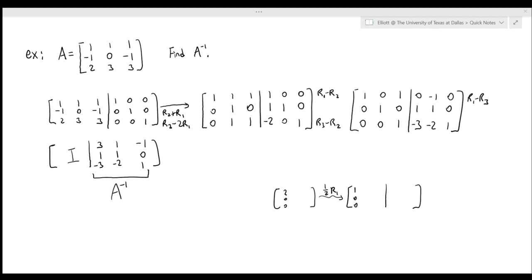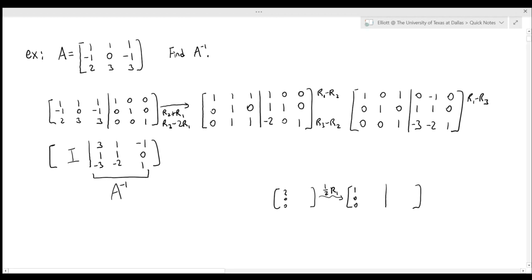So don't be surprised if your inverse is a little bit messy with some fractions. It's really easy, actually, to come up with examples without a fraction in the inverse, and I can reveal that secret to you guys later on this semester as well.